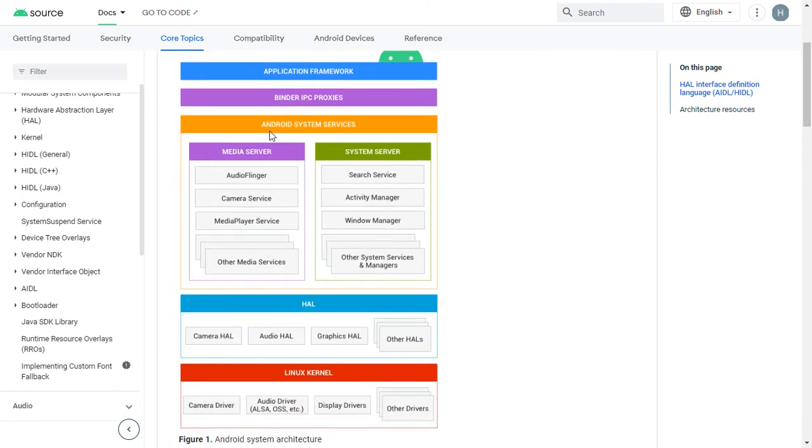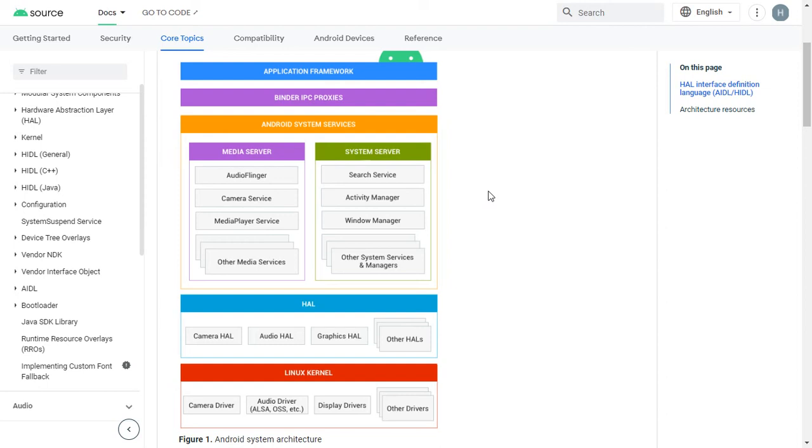The next topic is Android system services. Android system services are modular, and we have divided them into different segments, like the activity manager, window manager, and other system services.